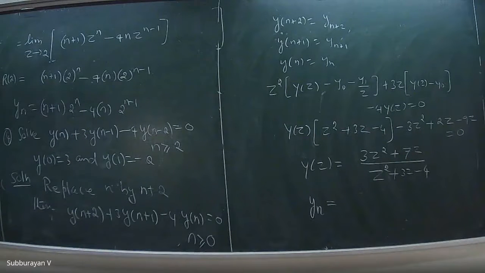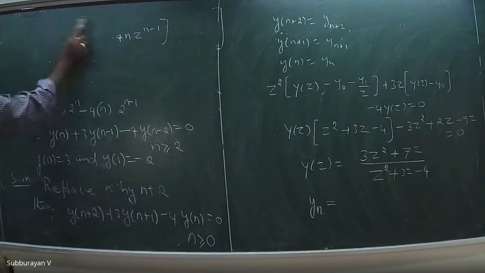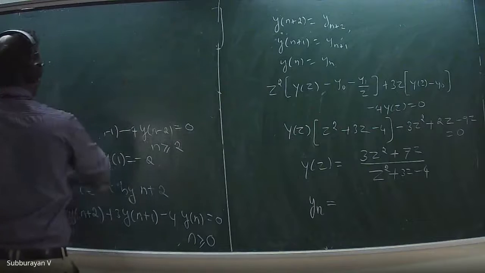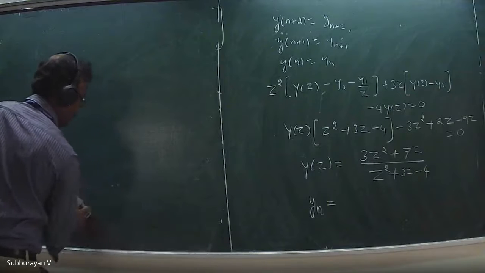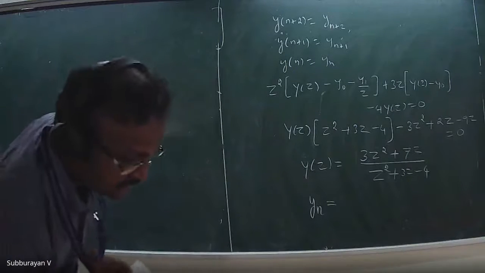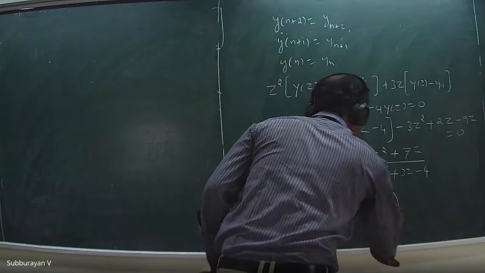Okay, then the next problem. So the answer is 2 plus minus 4 raised to n.